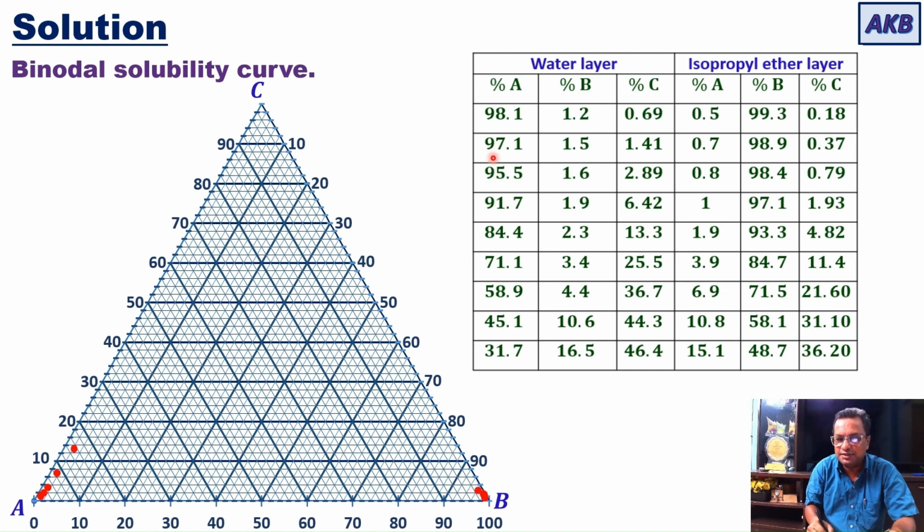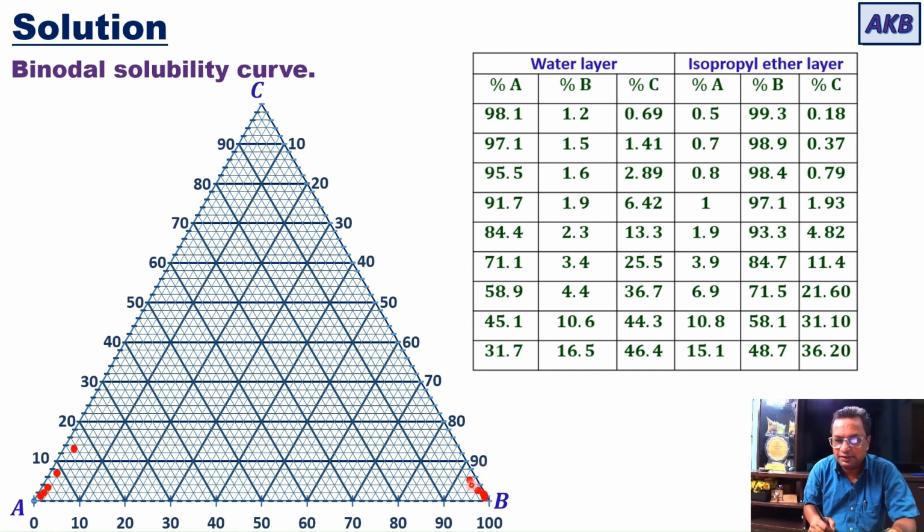The fourth point is 91.7 of E, so it will be coming over here. Sorry, the third point over here is 95.5% of E. So likewise, it will be represented in this way.